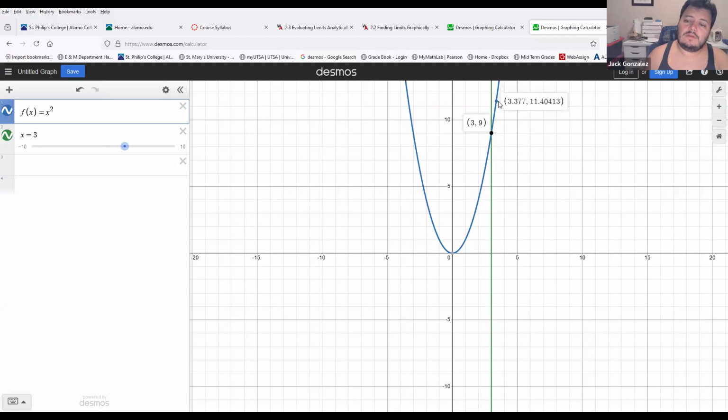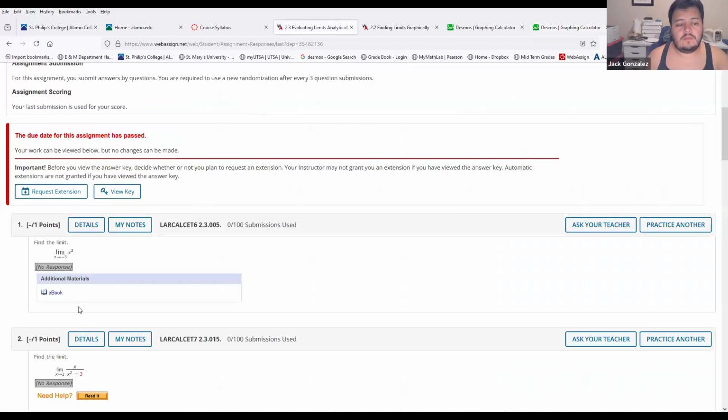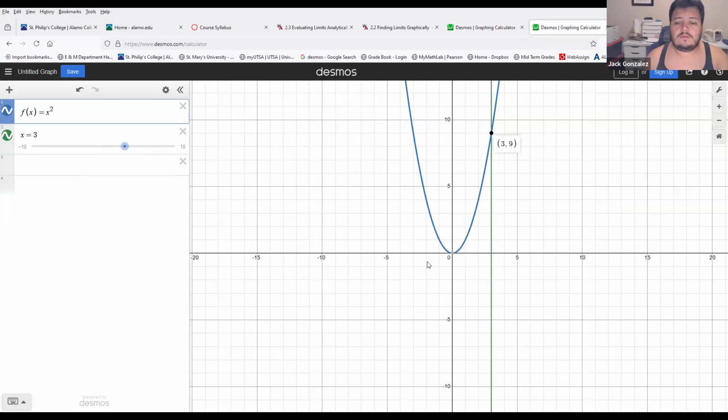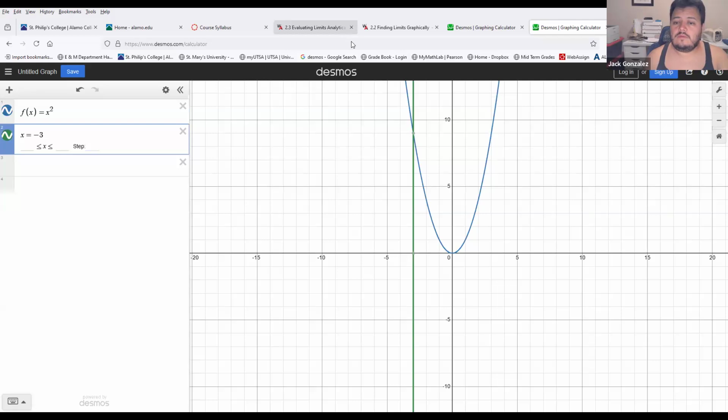And from the right it is also going to 9. Since they are the same, the answer will be 9. Oops, -3, but it's the same, I guess. -3 is over here. Same idea. From the right side, I'm approaching 9. From the left side, I'm approaching 9.